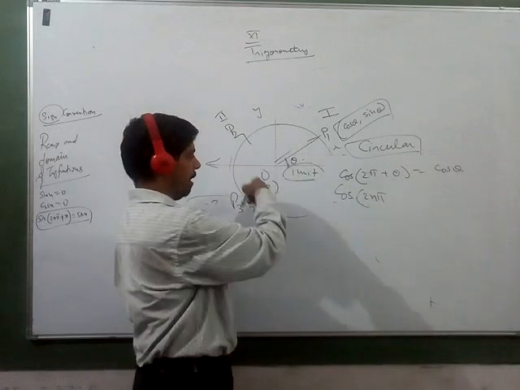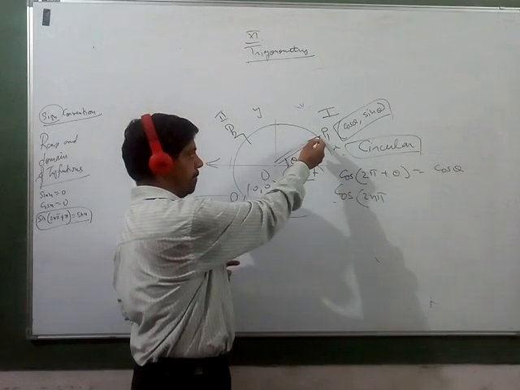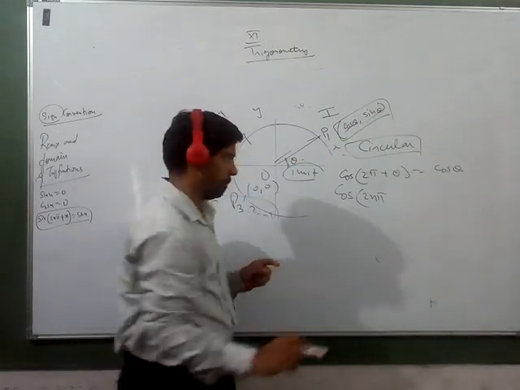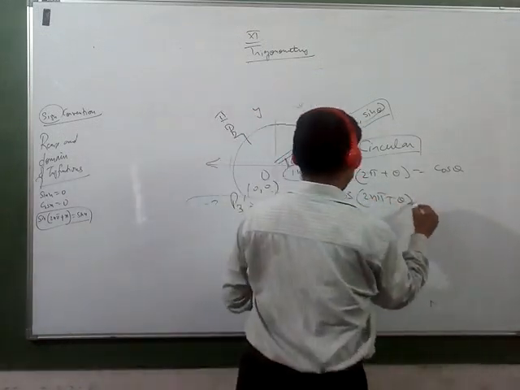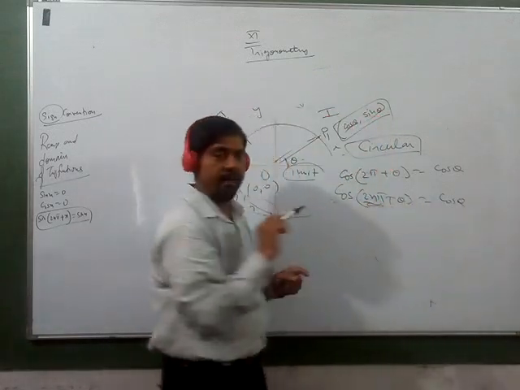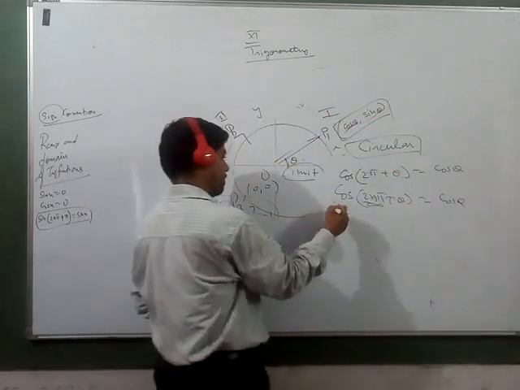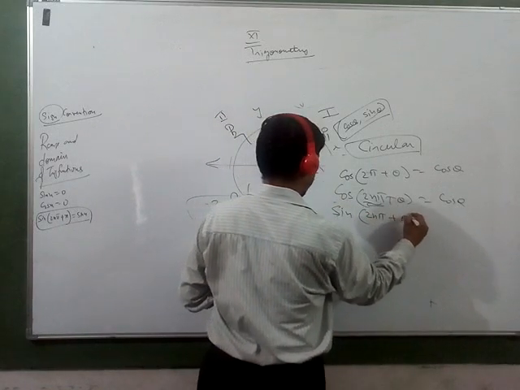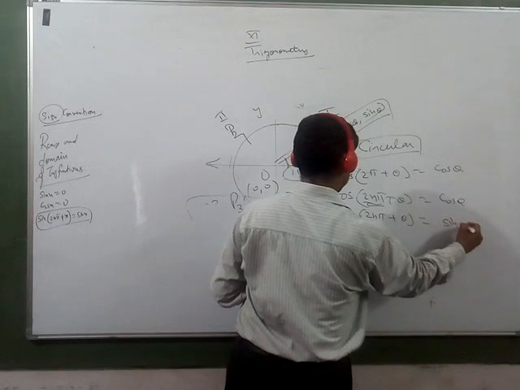If you take another round and come back to the same place, the values of cos theta and sin theta will be exactly the same. Similarly, we can write 2n pi plus theta for every trigonometric function. So sin of 2n pi plus theta is equal to sin theta.